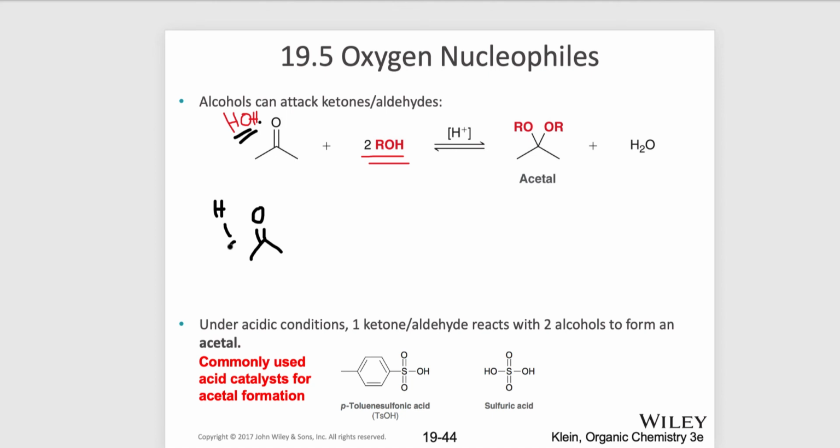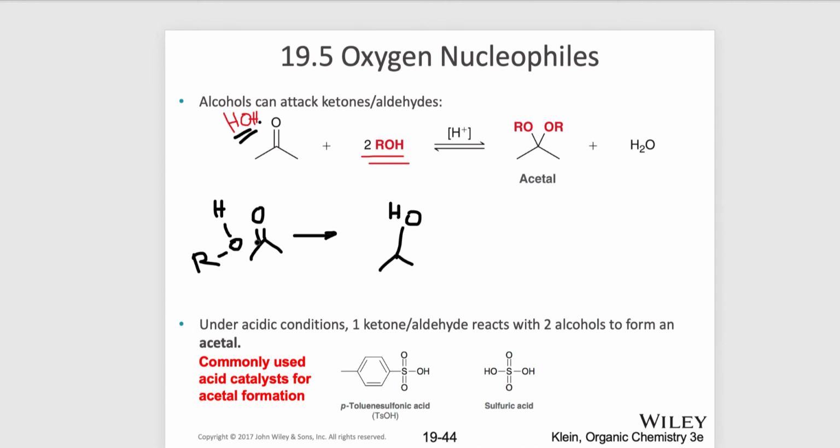So, what do we do with this? We can see how first we need to form what is called a hemiacetal before we get to the acetal. Hemi means half. So we have a carbon-oxygen bond, and this hydrogen is going to end up over here.